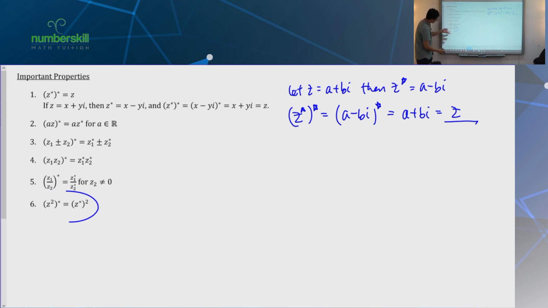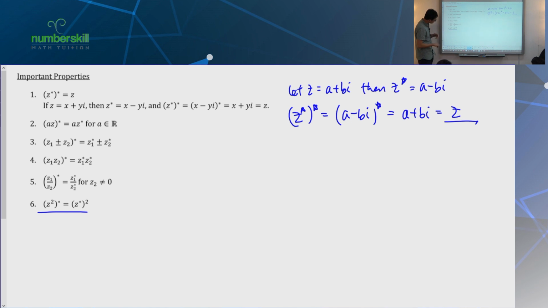This is the whole reason why I want to go through a few, so that you have the sense that if you need to think about whether something is true, you can sort it out yourself. The easiest way is to use numbers, but sometimes by luck it works, so you have to use letters to be safer. So let's say this one. I don't know whether it works or not, so can I try to show it?